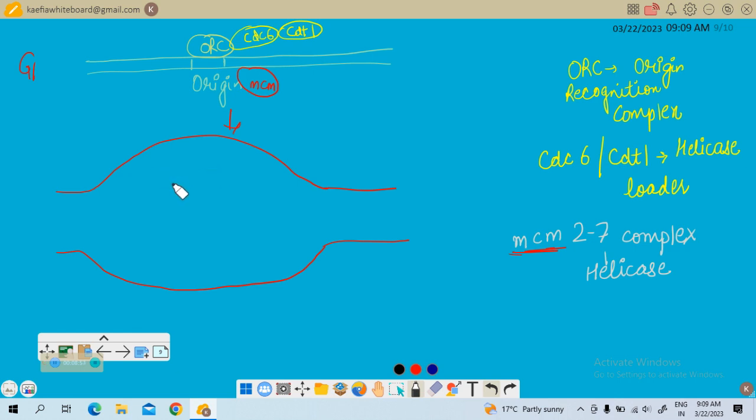Okay, now coming to DNA polymerase alpha. Now its job is, it acts like a primase, like it adds primer.